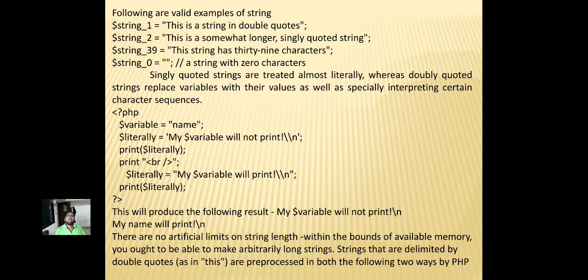Single quoted strings are treated almost literally, whereas double quoted strings replace variables with their values as well as specially interpreting certain character sequences. So in some coding, this will produce the following result.